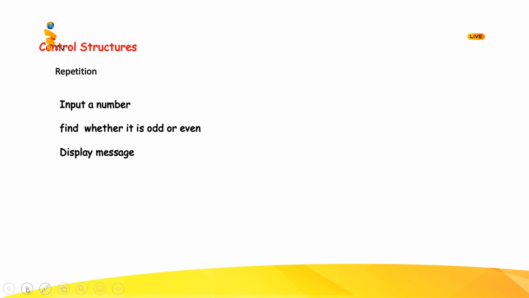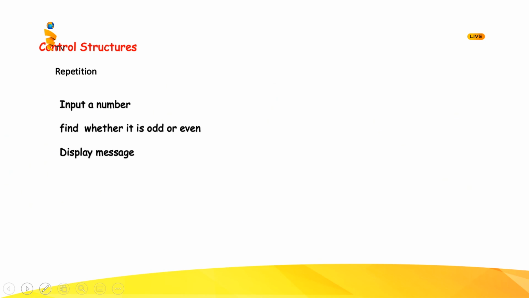But if we are doing this, I have entered the number, I have displayed the message, and now I have to stop. But a computer doesn't understand when to stop. So in these repetition structures, we have to tell the computer when to stop. It is very important.